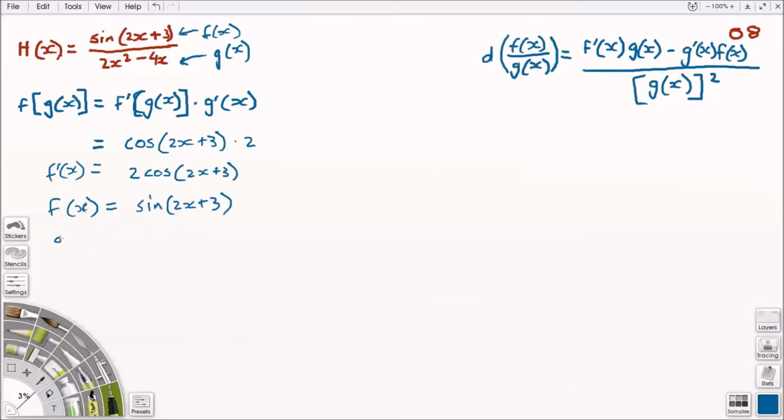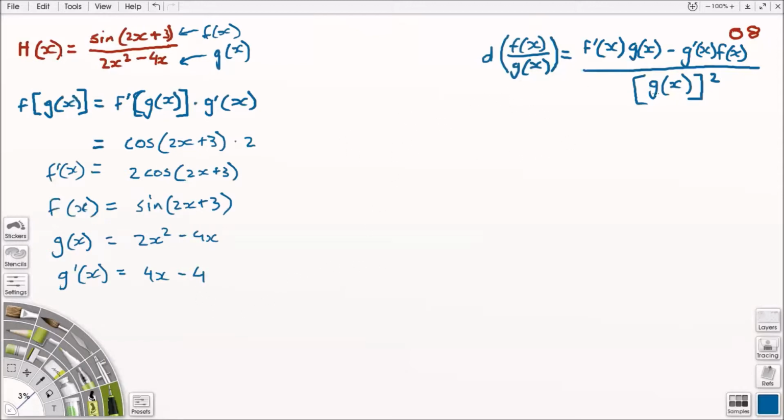And then g of x is just our denominator, which is 2x squared minus 4x. And then just using the power rule here, we'll derive the denominator and get 4x minus 4.